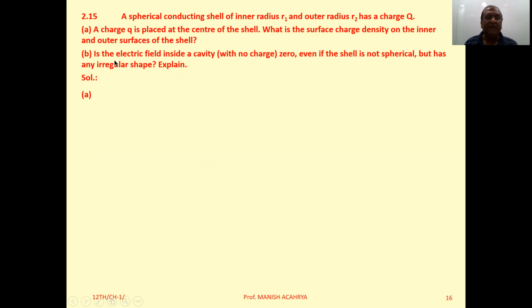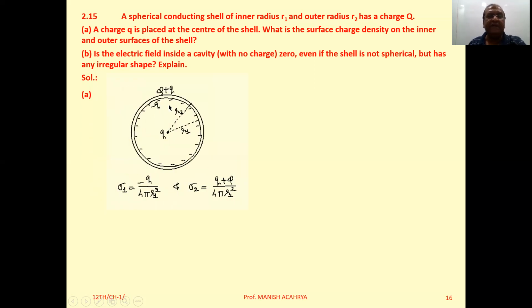Question B. Is the electric field inside a cavity with no charge 0 even if the shell is not spherical but has any irregular shape? Explain.